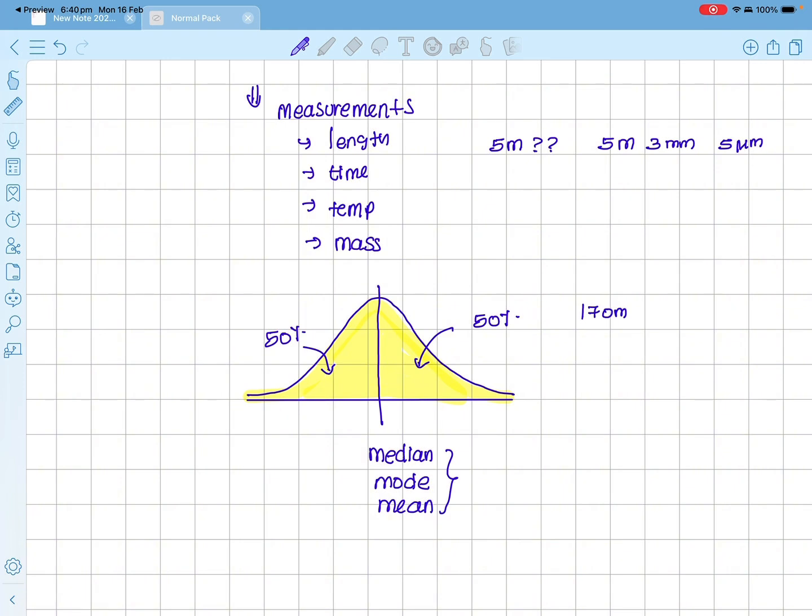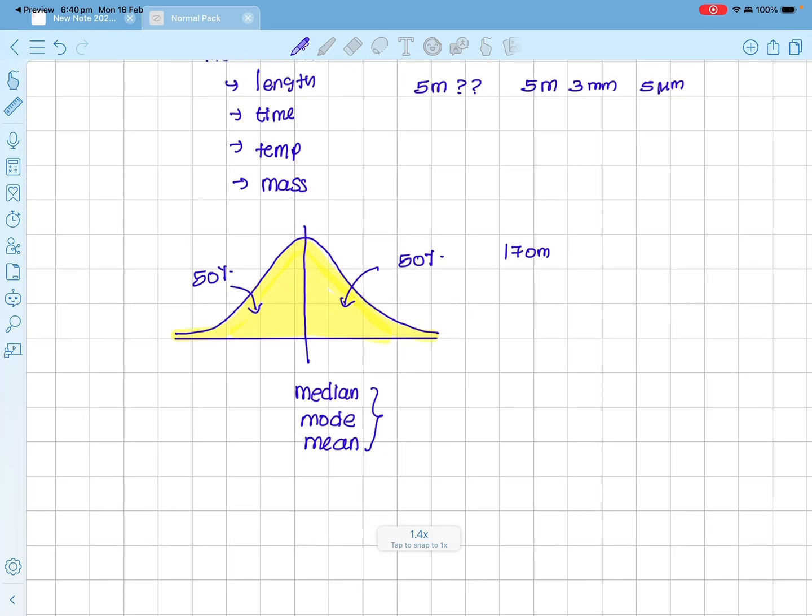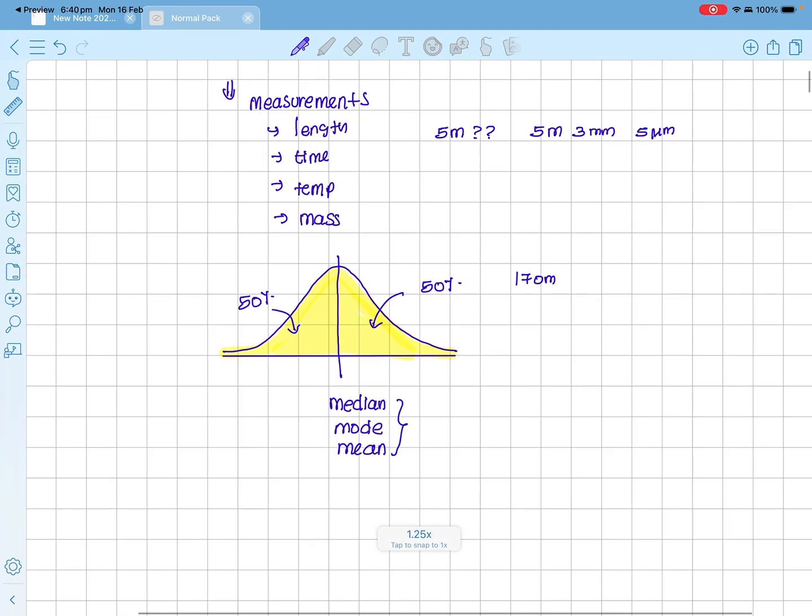Then second information, because it's continuous data, we're going to be talking about mean and standard deviation, because both of these are interconnected. Standard deviation is how much my data are deviating from the mean.